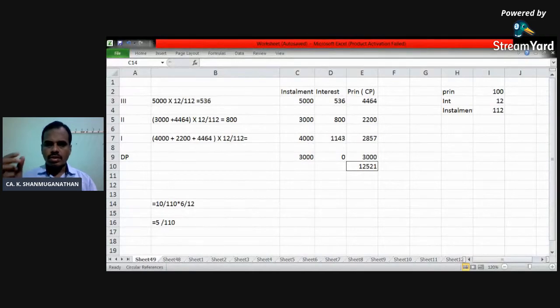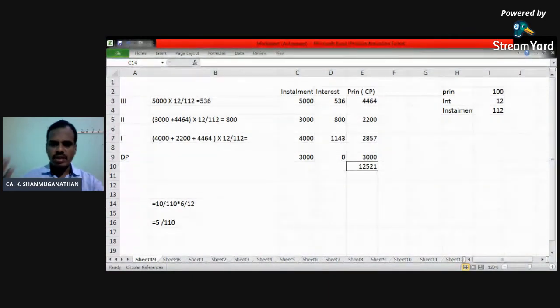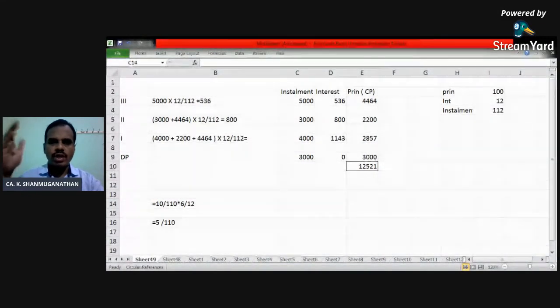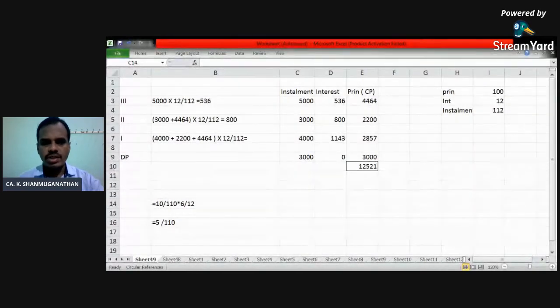So on 31st December 2011, zero installment. There is no installment. You check. Installment starts only after 2 years. Installment doesn't start on 31st December 2011. It starts only on 31st December 2012. After 2 years only it starts.